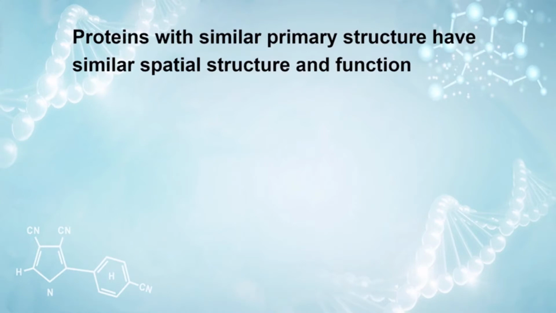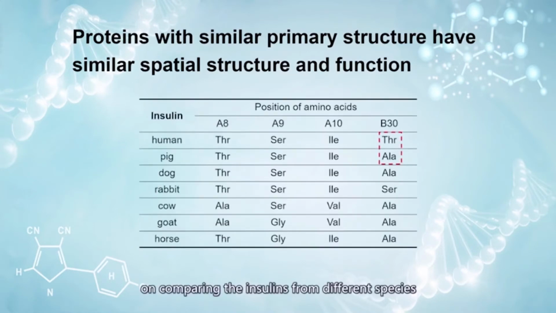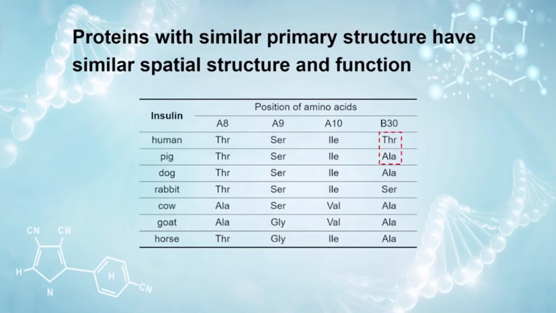For example, on comparing the insulins from different species, the A chain of insulin is identical in human, pig, dog, rabbit, and sperm whale insulins. The B chains of the cow, pig, dog, goat, and horse are identical. They all have similar physiological functions in regulating metabolism.